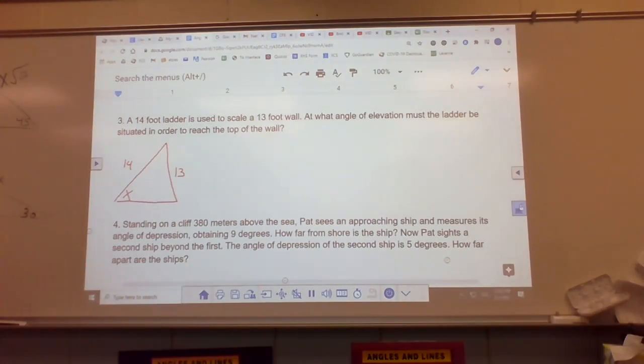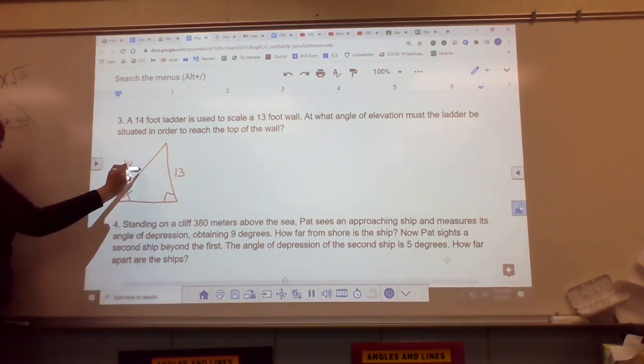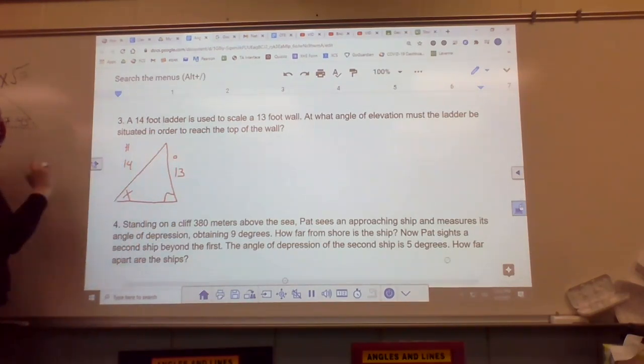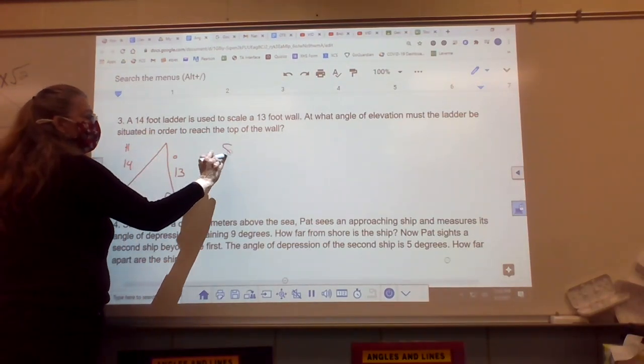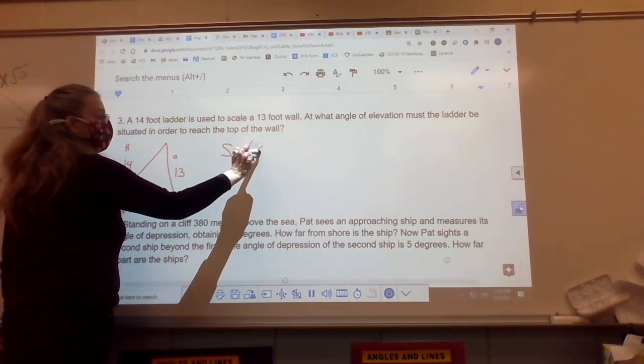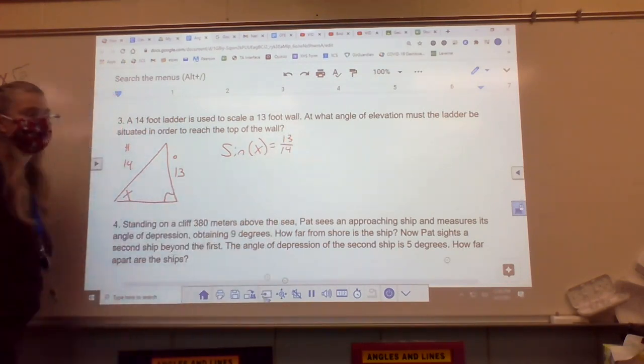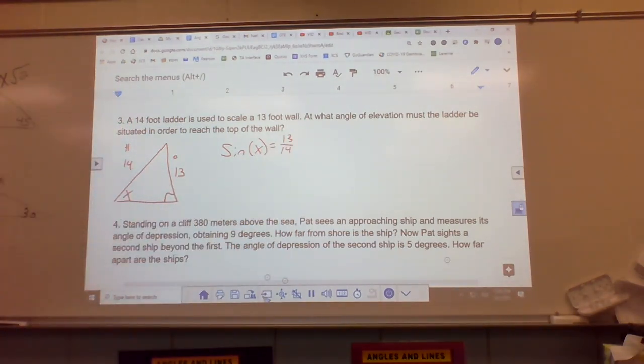Well, I know the hypotenuse this time. Because if this is my 90, this is the hypotenuse, that's the opposite. So I have an opposite and a hypotenuse. So that's a sine. I don't know the degree. 13 over 14. That's my setup.